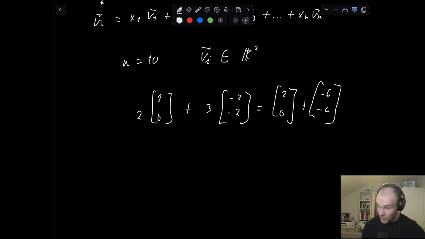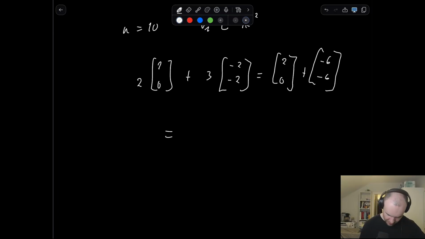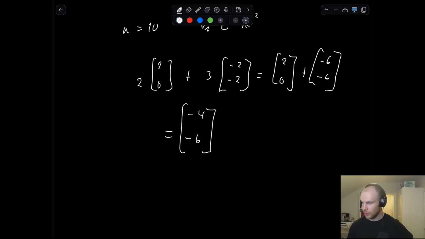So this is a completely new vector, as you see here. Of course, I could add those two together just to make things even more clear, minus 4 and minus 6. Right, so that's a new vector, and it's formed from the linear combination of others, right?